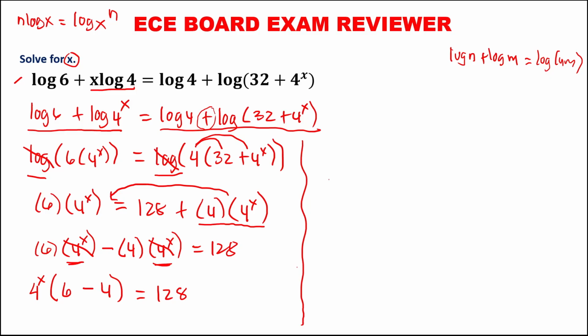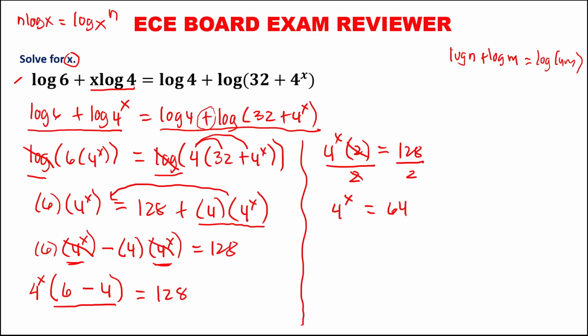Then to simplify, this becomes 4 to the power x times 6 minus 4, which is equal to 2, equals 128. Then divide both sides by 2. So we have now 4 to the power x equals 128 divided by 2, and this is equal to 64.